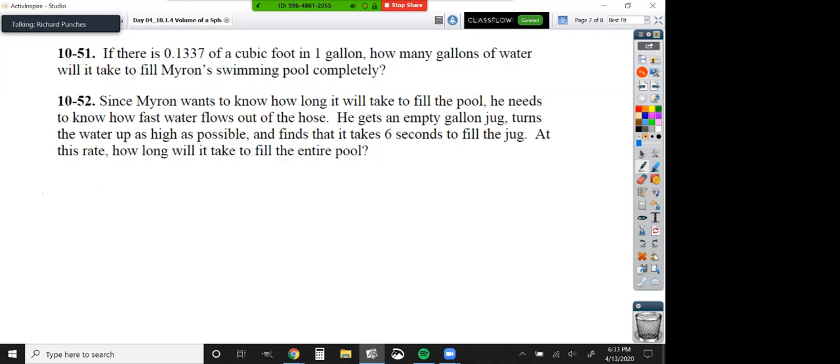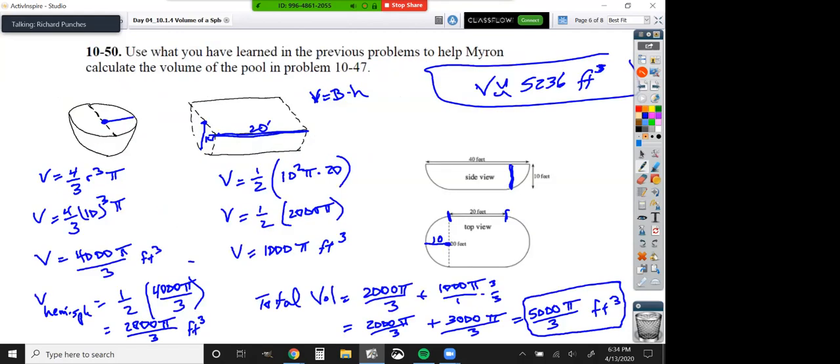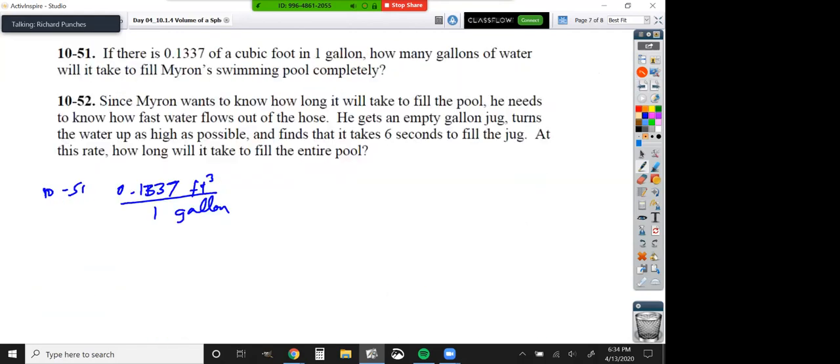If I take 0.1337 cubic feet for 1 gallon, and I know I have a total of 5,236 cubic feet, I'm going to have to take the 5,236 cubic feet and divide that by 0.1337 cubic feet per gallon.